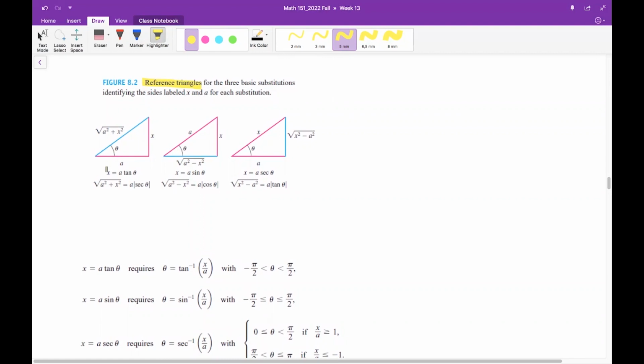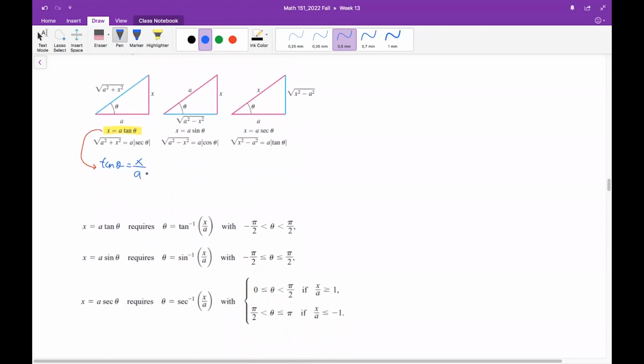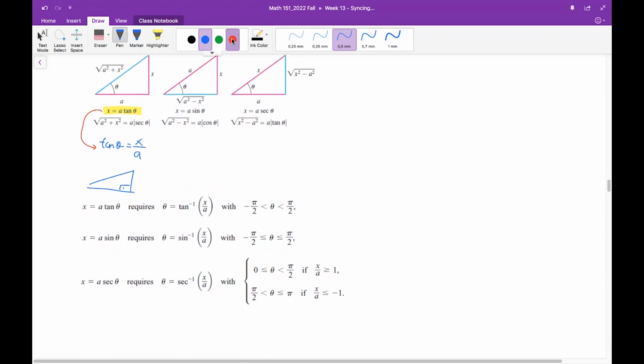Here, if you use this trigonometric substitution, then by reading this in this form, tangent theta is x over a. By reading this equality, you can easily draw your right triangle, giving you this tangent value. So how do you do that? Tangent is what? Opposite edge divided by the adjacent edge.